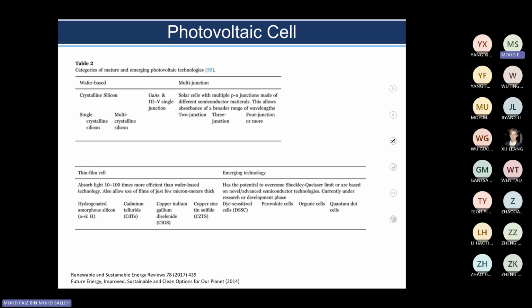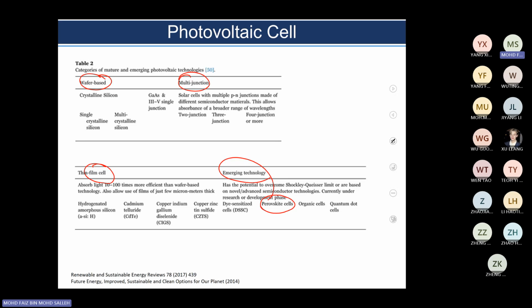Okay, the types of solar cell. Roughly, we can have 4 kinds: wafer-based, multi-junction, thin film, and emerging technology. I think right now, if you read Yahoo News, scientific news, and so on, the hot news is perovskite cells.